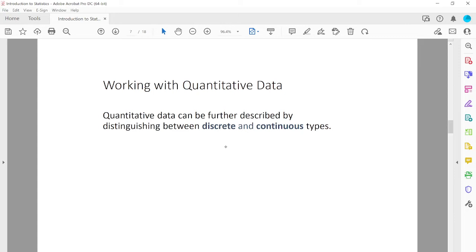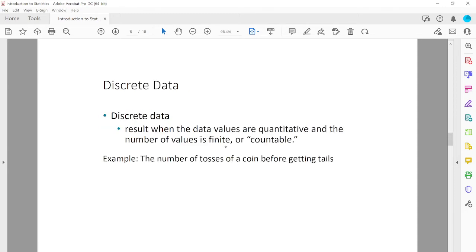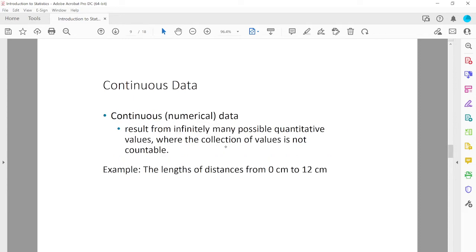When working with quantitative data, it could be discrete or continuous. Discrete means your result is countable. It should be finite. For example, the number of tosses of a coin before getting tails, that's a finite number, and that's discrete. Continuous means it's not finite.